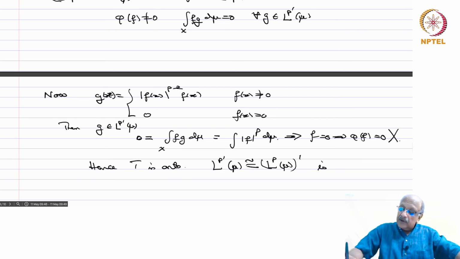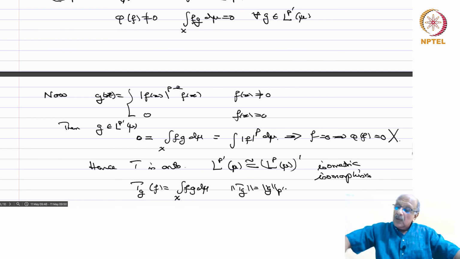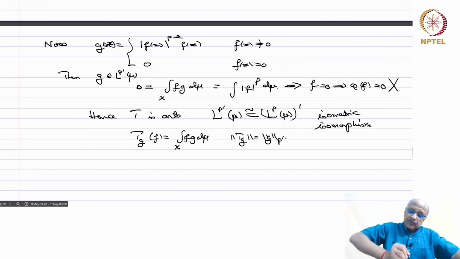Hence T is onto, that is, L^p'(μ) is isometrically isomorphic to L^p(μ)'. And you have Tg(f) equal to the integral of fg dμ over X, and the norm of Tg equals the norm of g in L^p'. So this is the theorem which we proved, the Riesz representation theorem.